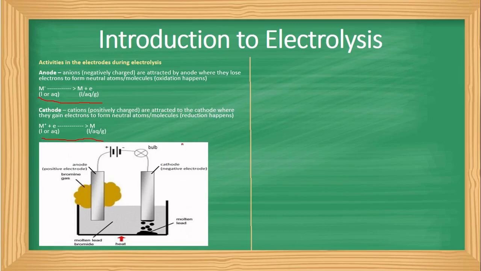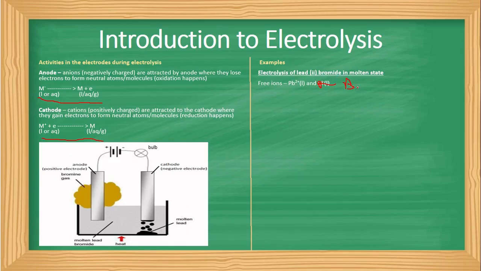I want to give you an example here of what happens using electrolysis of lead(II) bromide. So as we are saying, remember, in lead(II) bromide there are two ions here: there is the lead ion, and there is the bromide ion.